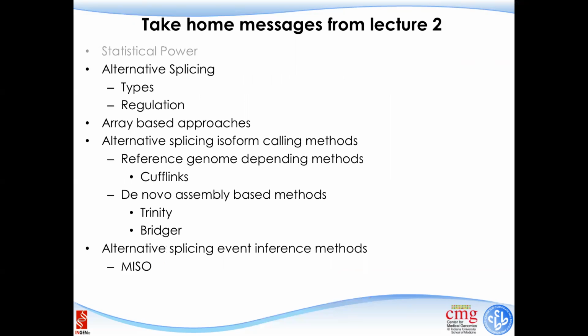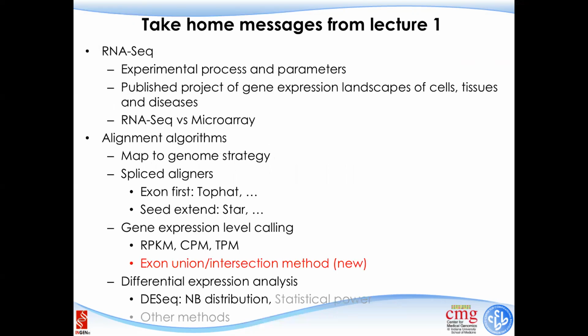And in the second lecture, we first talked about statistical power, and also some other methods of differential expression. Those in gray colored characters, I will not raise any questions about for the final exam. But I think these are good for you to learn.